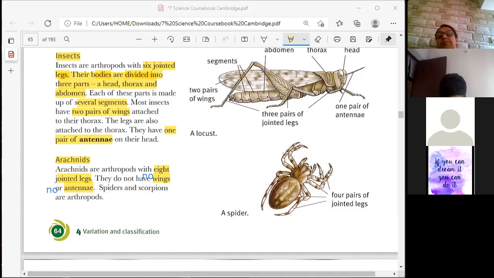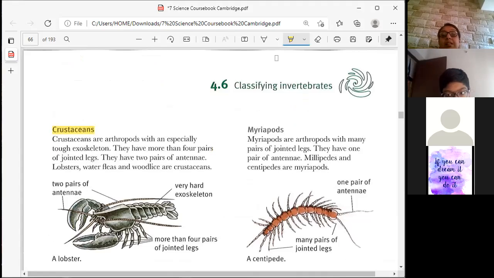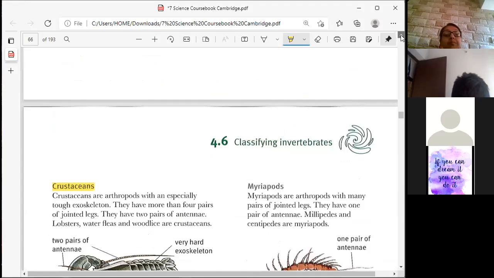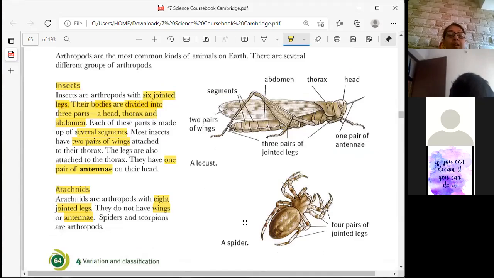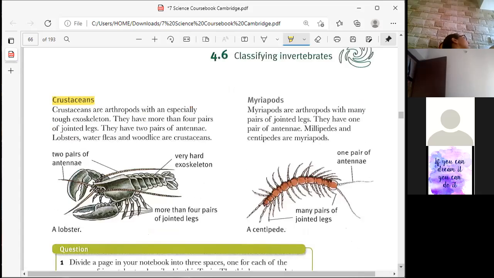Now moving to the next page where you can take one more screenshot. And that is crustaceans.